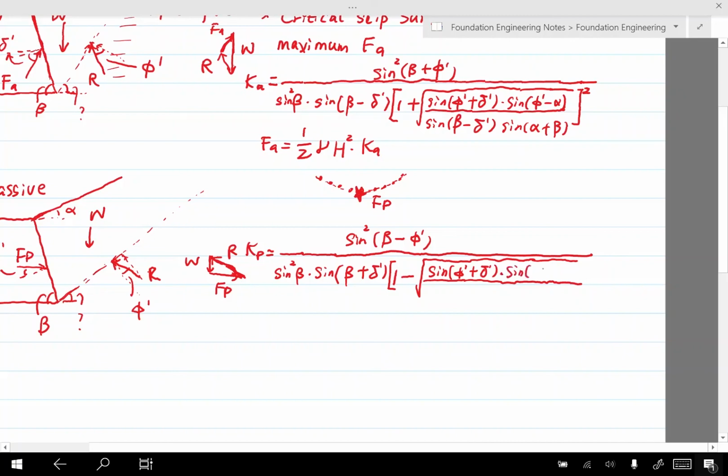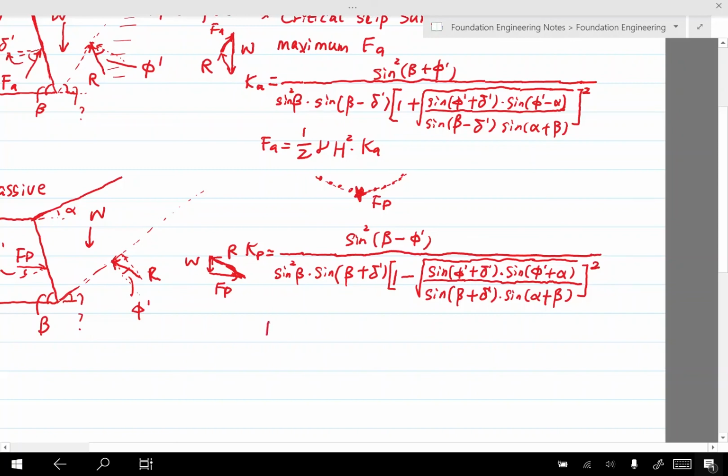Now there's a minor difference. That's phi prime plus alpha. In the denominator, we have sine beta. There's a difference here. It's plus delta prime times sine alpha plus beta. This is the same. Then adding the right brackets. Don't forget this second power here.